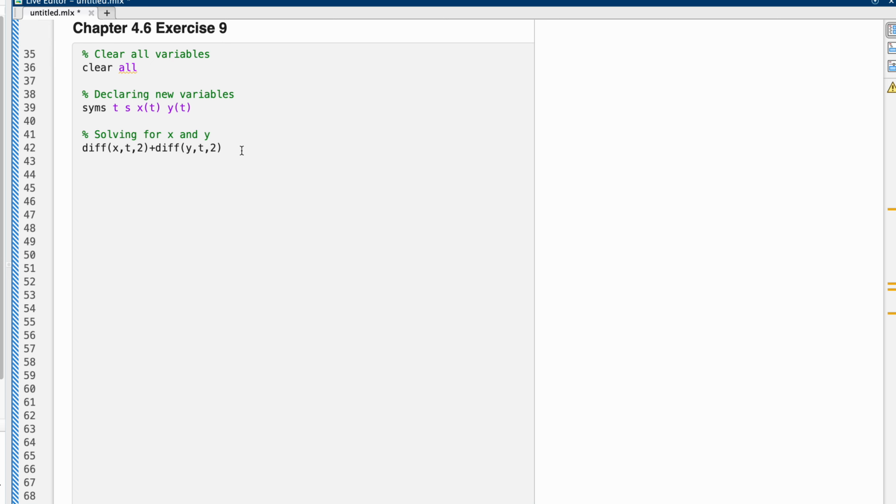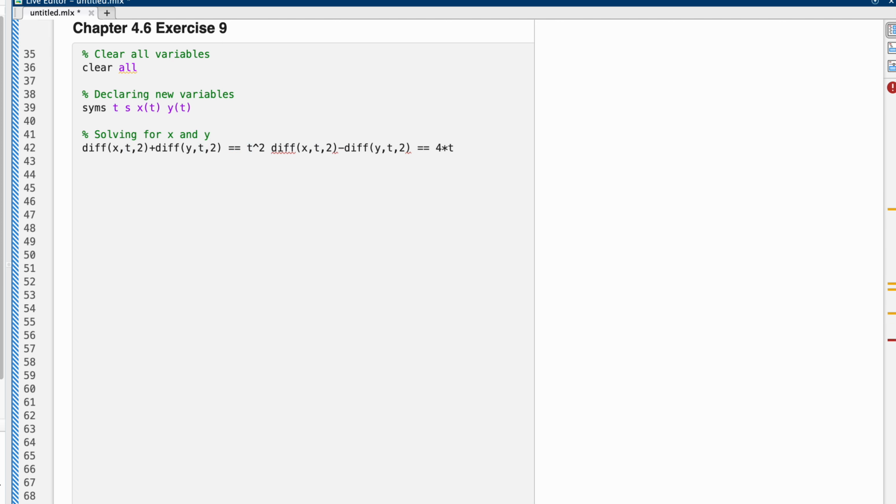And that was equal to t squared. Then the second one was similar: x double prime, y double prime, but they were subtracted, and that is equal to 4 times t.